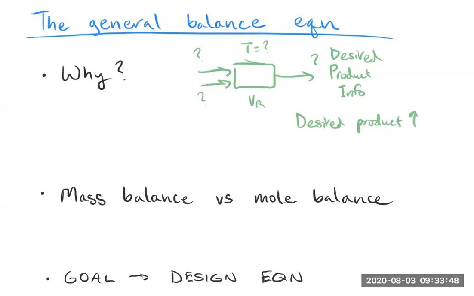So increasing your desired product, decreasing undesired products. And also related to this question of temperature here, you'll want to figure out how much heating or cooling to perform to keep this reaction under control at whatever temperature you decide is best.